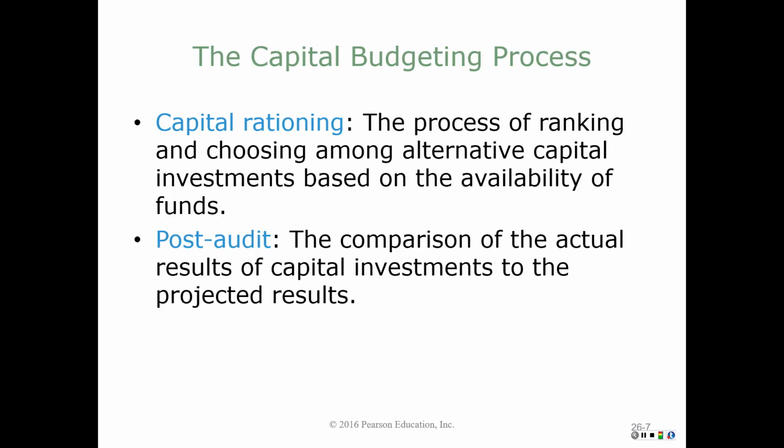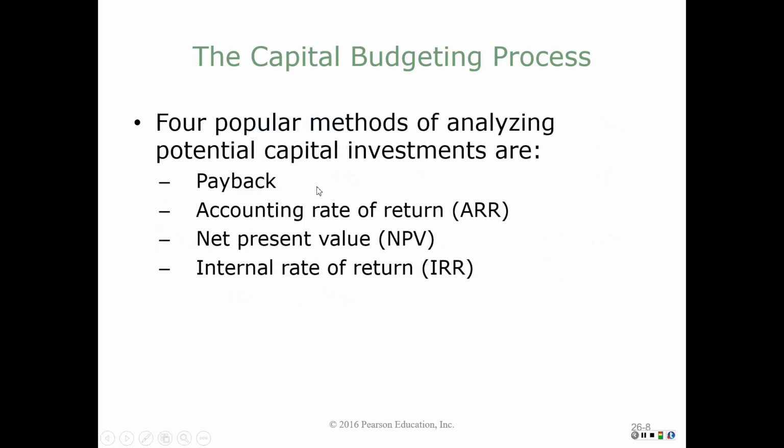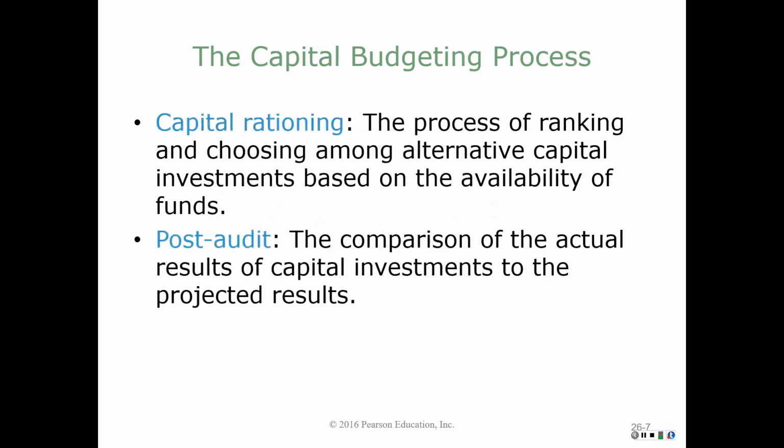And so if we can actually get down to the top 2 or 3 investment decisions, then we may use the last two methods that we discussed here, net present value and internal rate of return, to finally analyze them. Maybe all 3 of these are good investment decisions that we are considering, but I have to ration and decide which one I can invest in now versus which one I need to invest in later. It would be nice if we had an unlimited amount of resources and we could simply invest in any capital investment project that we need, but that's usually not the case.